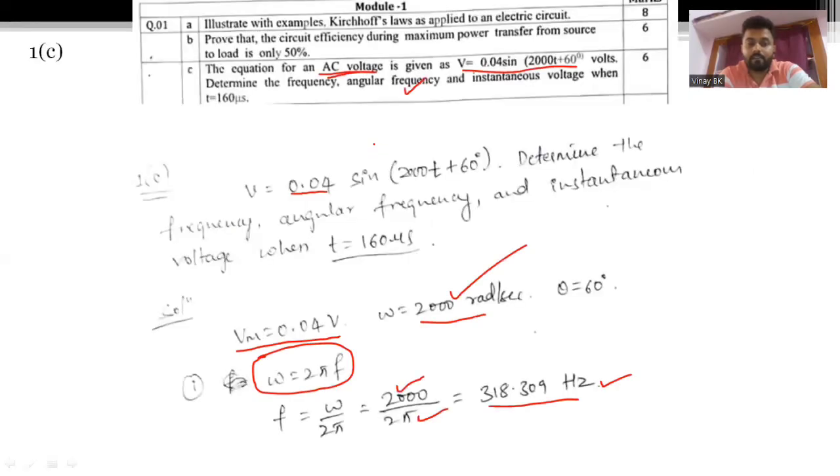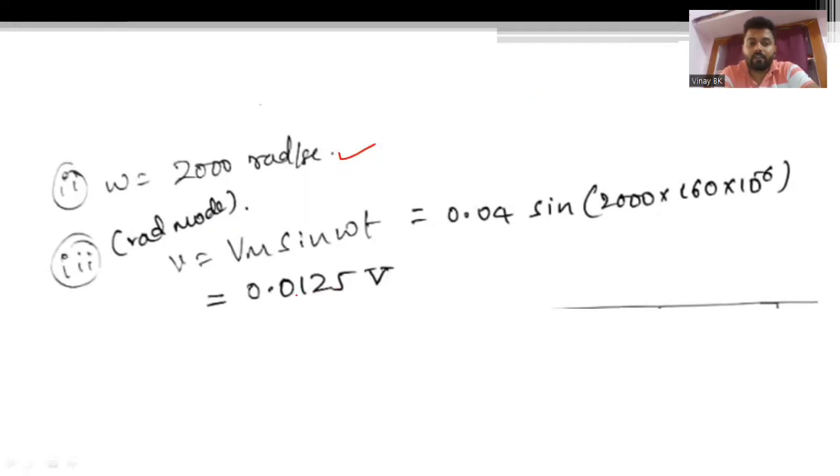In the third case, they ask instantaneous value of voltage. So instantaneous value of voltage is given by Vm sin omega t, where Vm is 0.04, omega is 2000, and t is given as 160 microseconds. Substitute and you will get the instantaneous value of voltage.